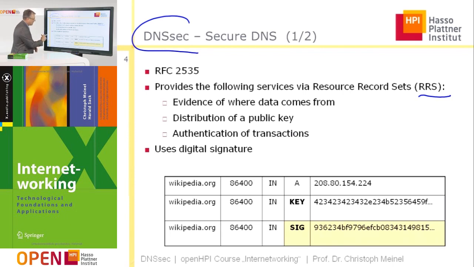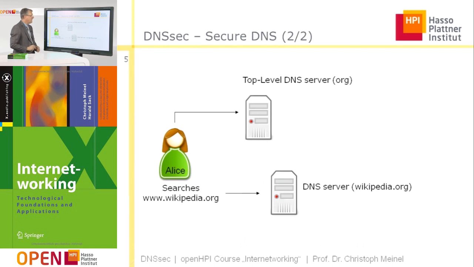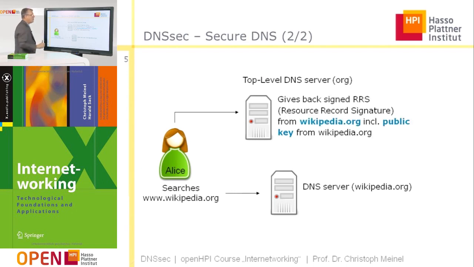And the information is received by Alice in the following way. Alice wants to contact the web server of Wikipedia.org. On the one side, she gets information from the domain name server, which tells her the IP address assigned to Wikipedia.org, and Alice also gets information from the top-level domain name server, and this top-level domain name server gives her back the public key of Wikipedia.org.